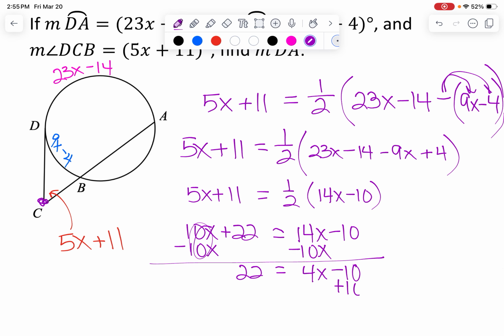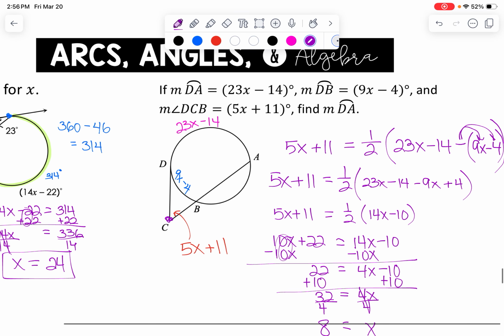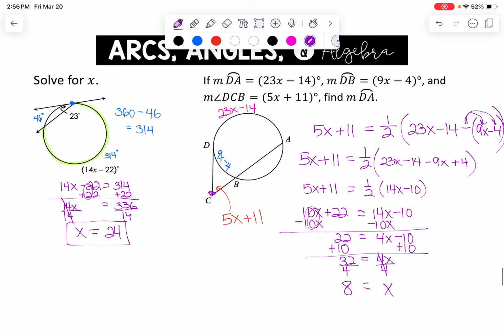Add 10. So we have 32 equals 4x. Divide by 4, and x is 8. Well, we got a lot there. Now we want to find the measure of arc DA.